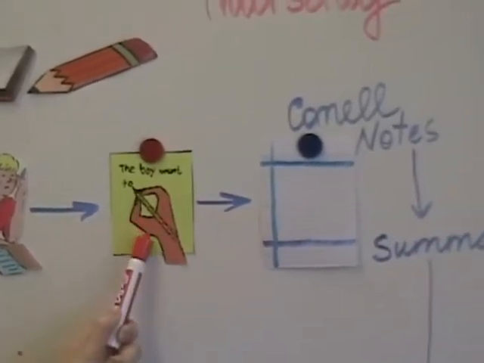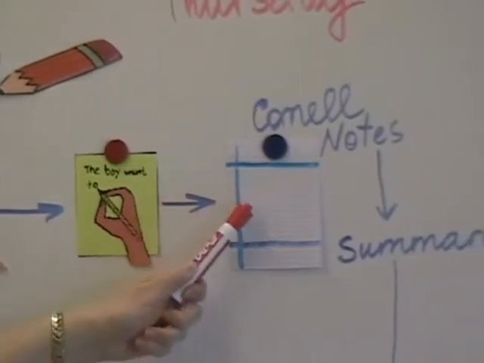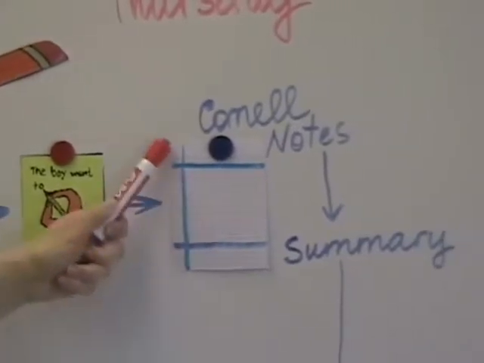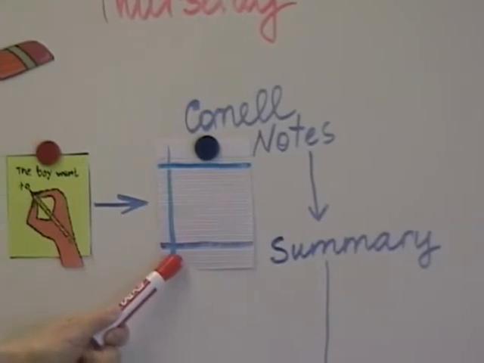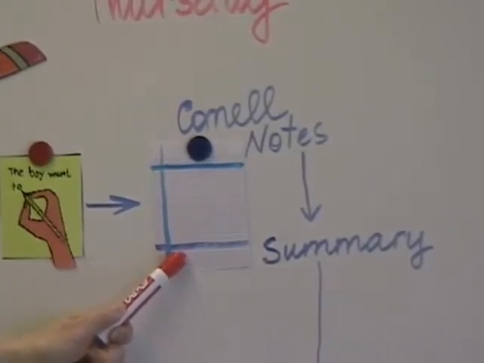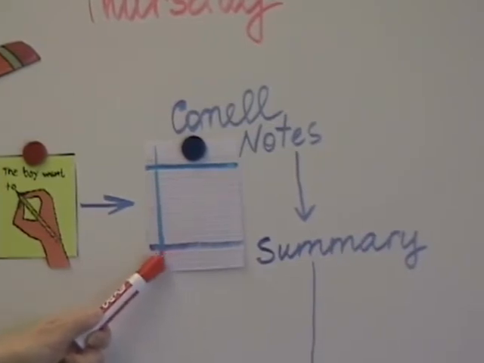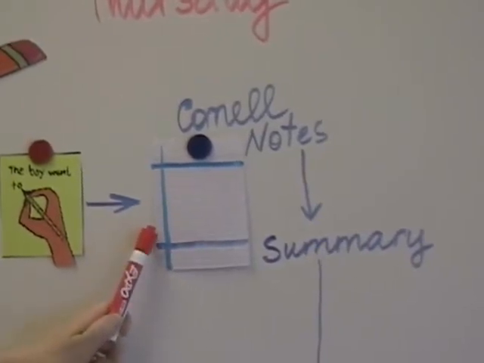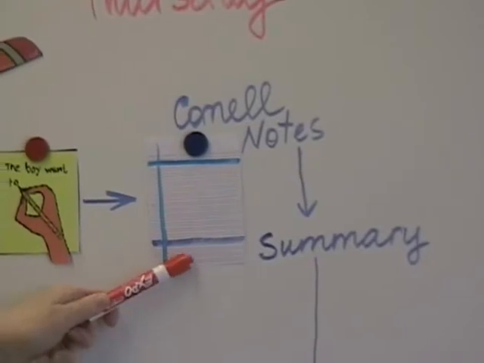I want them to take notes in writing, organizing the notes in Cornell notes format. I'm not going to teach them because I have already taught that before, so they know how to use Cornell notes. So they will use this two-column format and they will do a summary in the end.